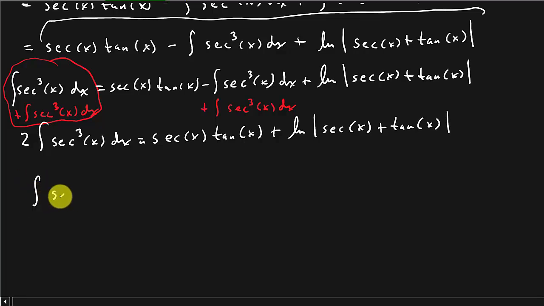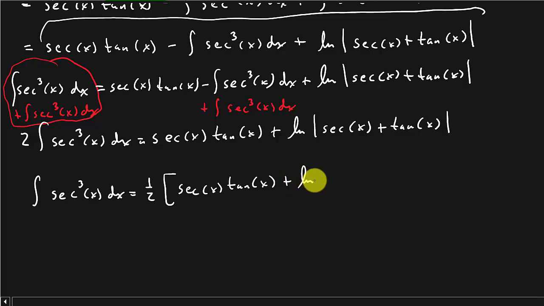So I get the integral of secant cubed x dx is equal to 1/2 times secant x tangent x plus natural log absolute value secant x plus tangent x, and then don't forget your plus c.